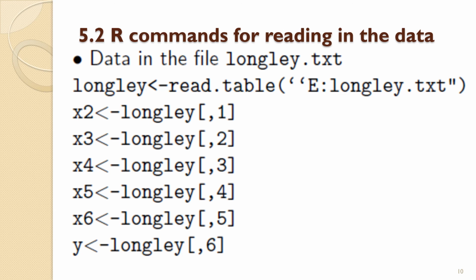If yours is different, you might need to change this letter here. And how this works is the same rhythm as before with all these examples. The first column of this data set is x2, x3 goes to the second, x4 to the third, x5 to the fourth, x6 will be the fifth column, and y will be the sixth column.